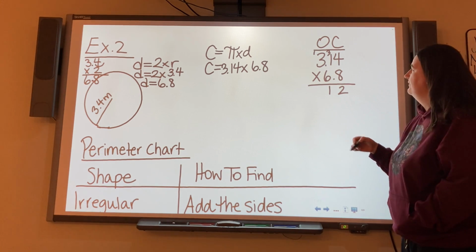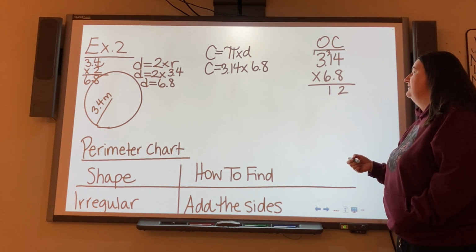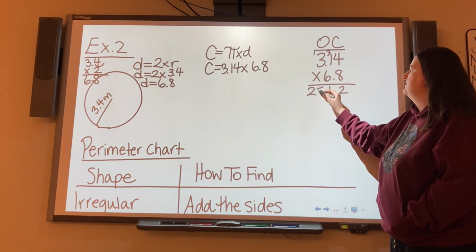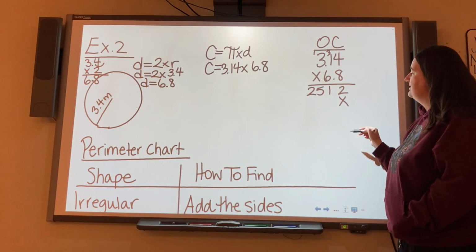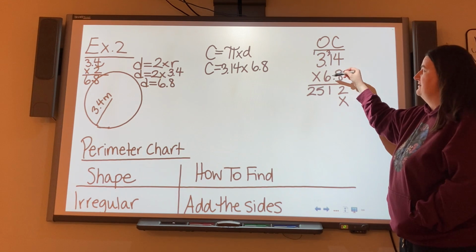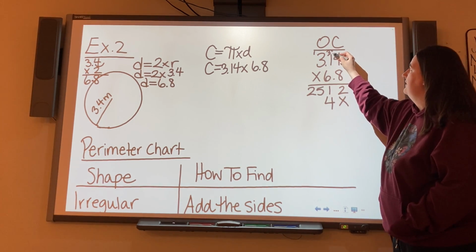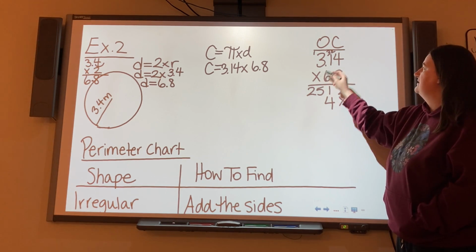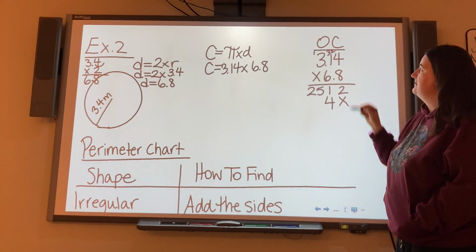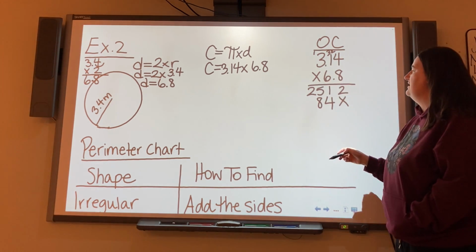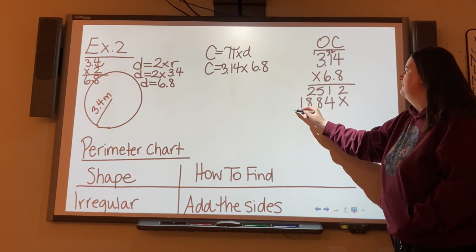Carry your 1. 8 times 3 is 24, plus the 1 that you carried is 25. Put your X, move to the 6. 6 times 4 is 24, carry your 2. 6 times 1 is 6, plus the 2 that you carried is 8. 6 times 3 is 18.